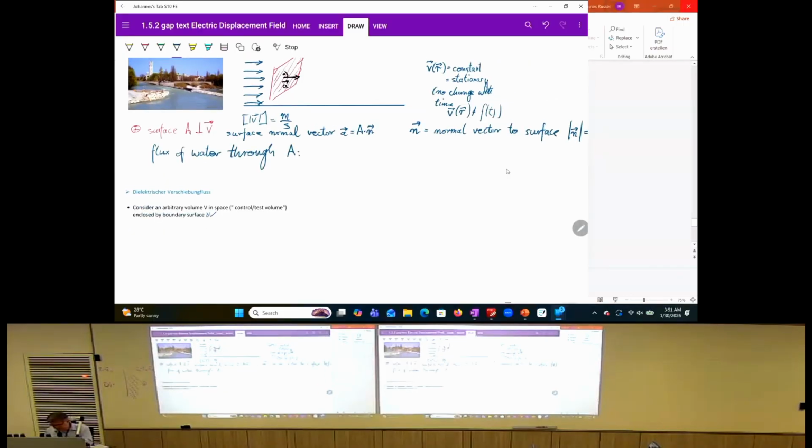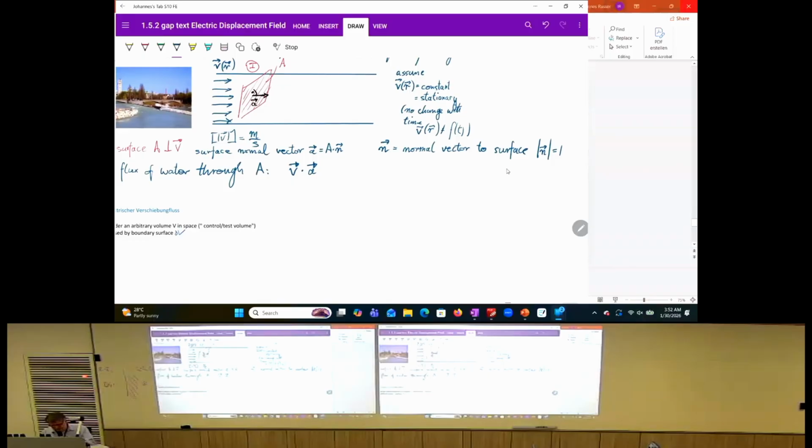So the flux depends on the vector v, and it depends on the element. So this is convenient. We can say that in scenario 1 here, we have the assumption that v is constant, so it is not varying anywhere on this area element.